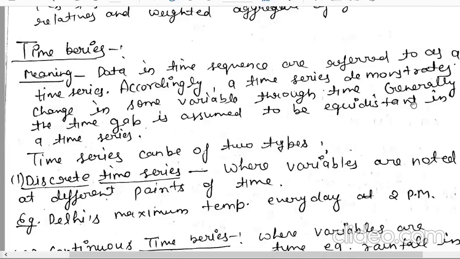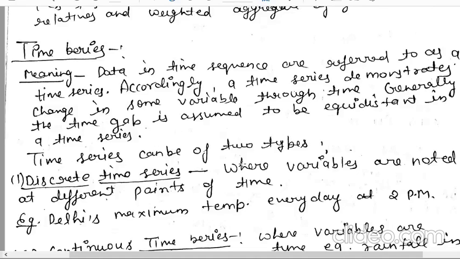Accordingly, a time series demonstrates change in some variable through time. Generally, the time gap is assumed to be equidistant in a time series. As I told you, if you have a sequence, you will arrange it equidistantly, means the interval will be equal, right?